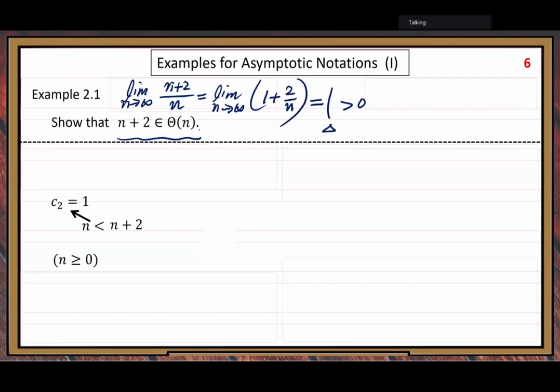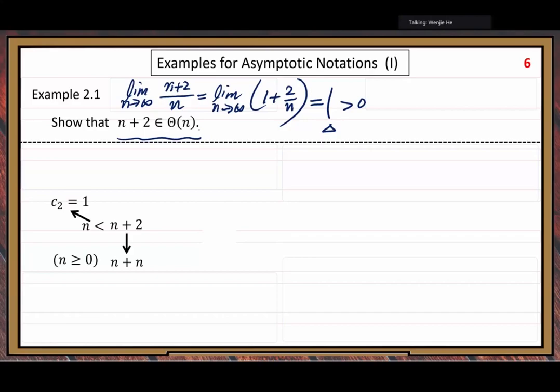We want to get the upper bound, C1 constant multiple of N. How about we replace 2 by N? Is it a generous way to make the function value larger? For the upper bound, we go in the larger direction, right?